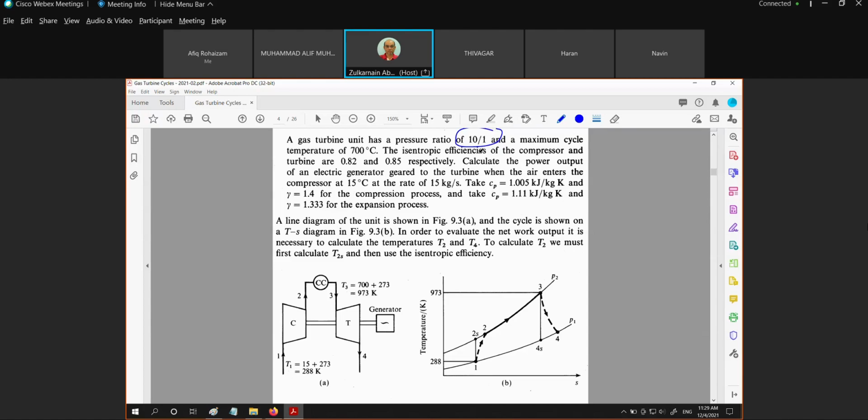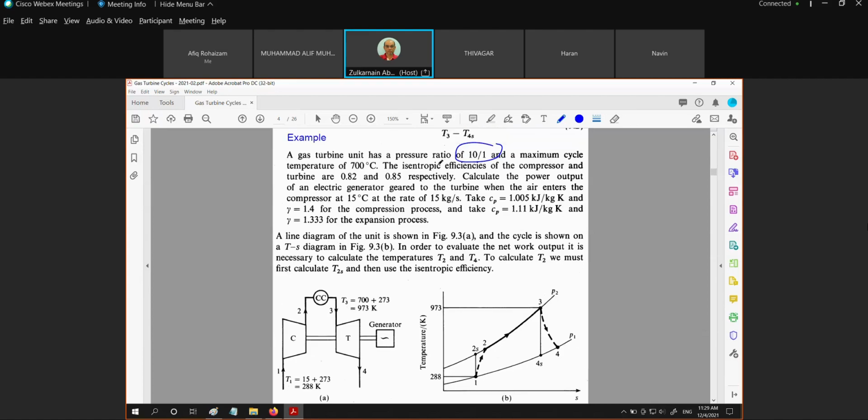Then that is equal to 10/1. Okay, this is the overall pressure ratio, the maximum pressure divided by the minimum pressure, whereby the minimum pressure in this case is not given, right? No, it's not given. Okay?